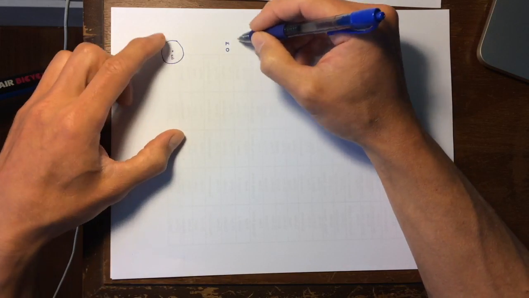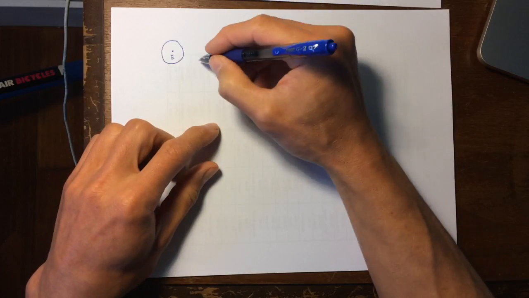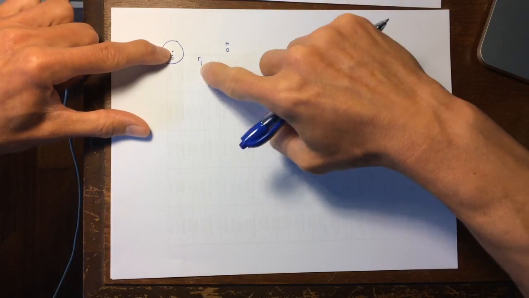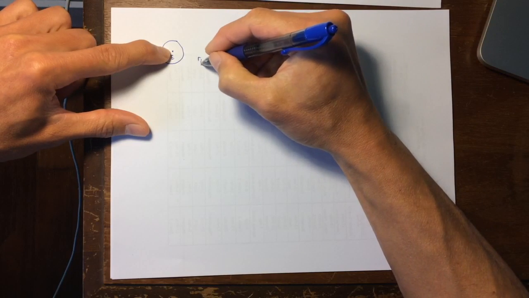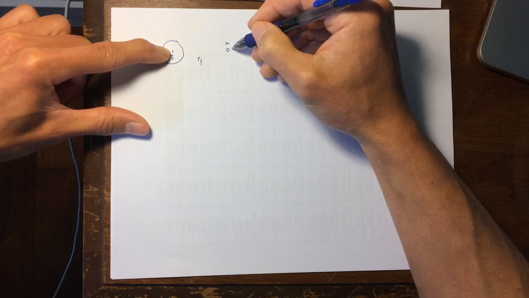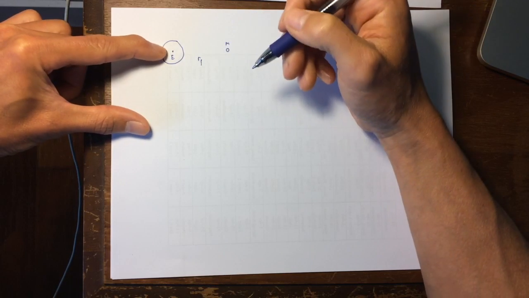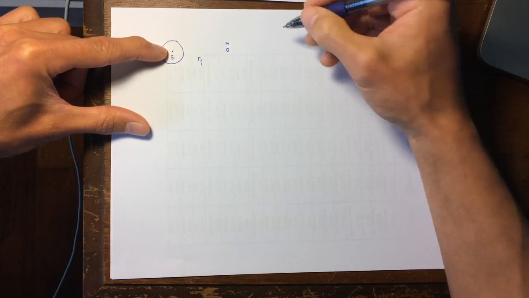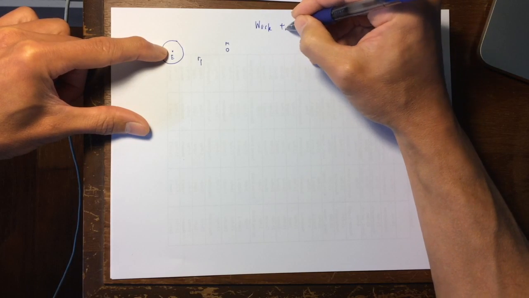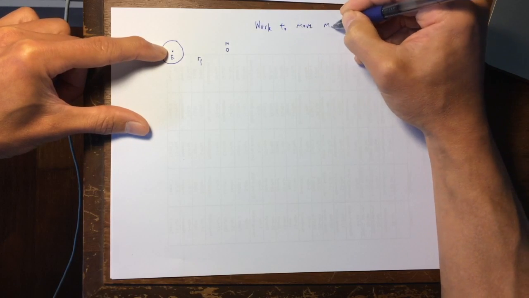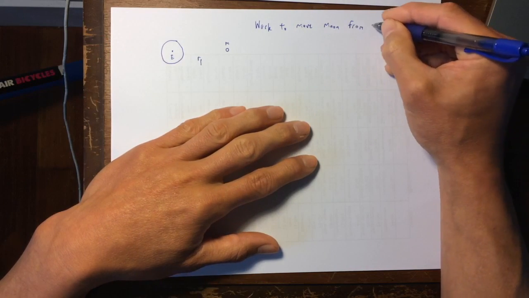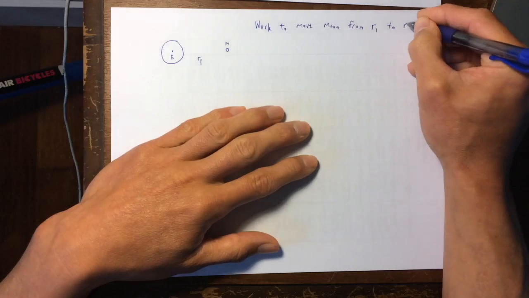Let's imagine what would happen if I started with the moon at a certain initial radius, let's call it radius number 1. So the moon and the Earth are separated by the distance r1. And I'm going to imagine what is the work involved to move the moon from r1 to r2.